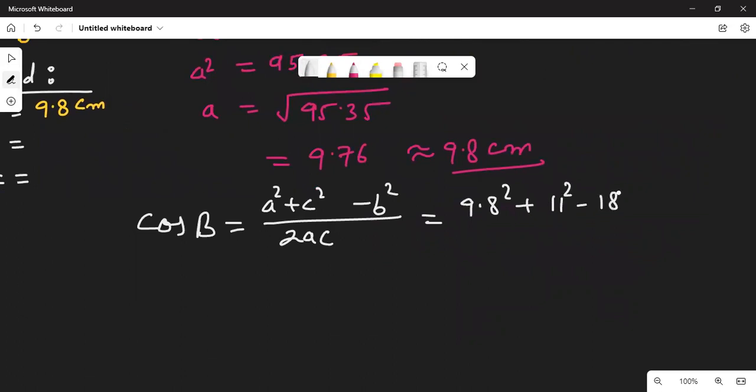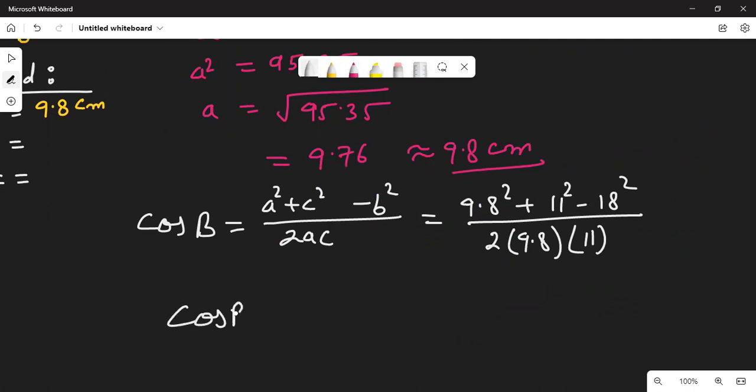B was 18, so minus 18 squared, divided by 2 times 9.8 times C, which is 11. Now I think using a calculator, you can find this. So your cos B would be equal to, can you find what value you get using a calculator?